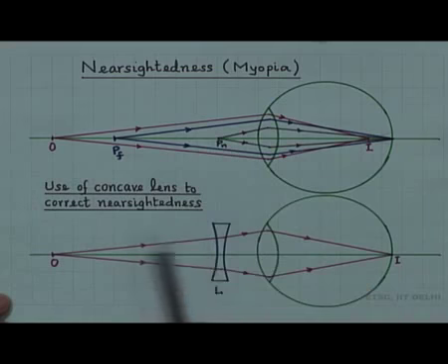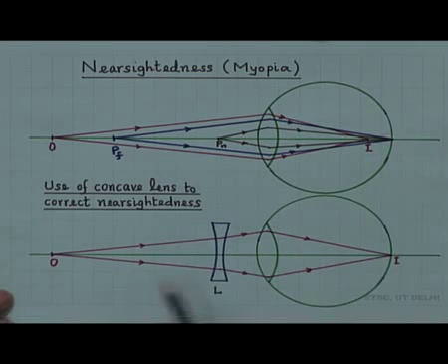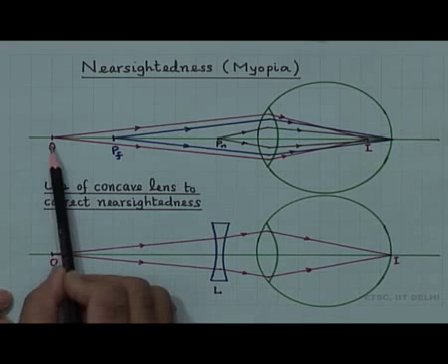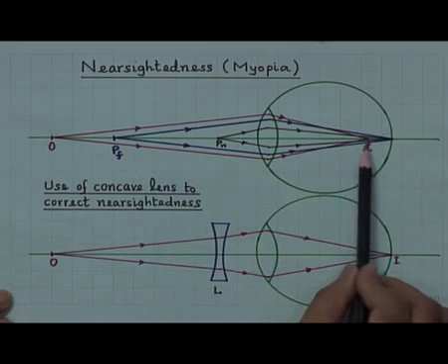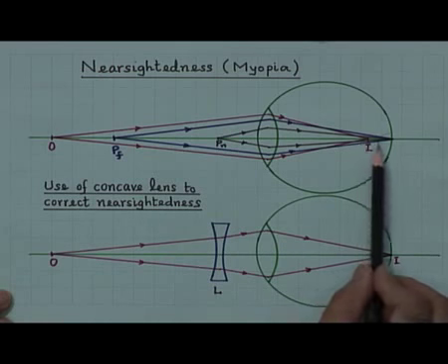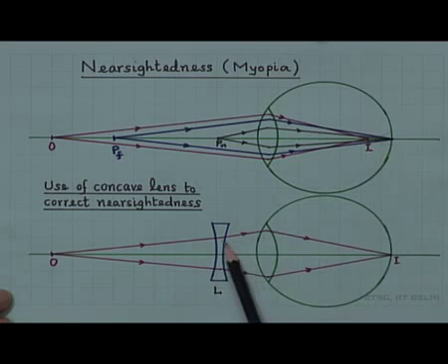Now, a simple way to correct this is the use of a concave lens to correct nearsightedness. This object at point O, which is focused inside the retina rather than on it, can be made to focus on the retina by giving some additional divergence using a concave lens.